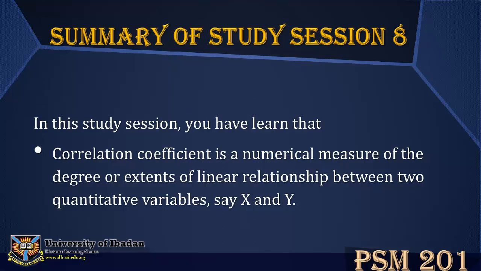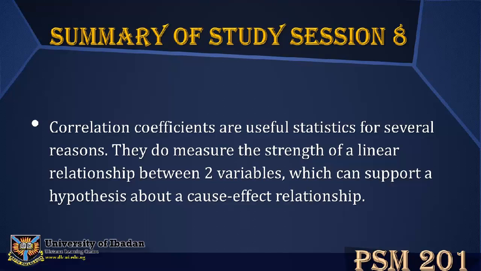Summary of study section 8. In this study section, you have learned that correlation coefficient is a numerical measure of the degree or extent of linear relationship between two quantitative variables, say x and y. Correlation coefficients are useful statistics for several reasons.